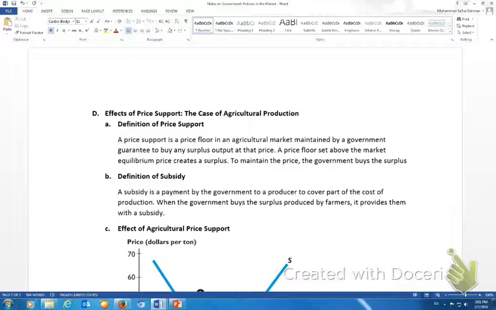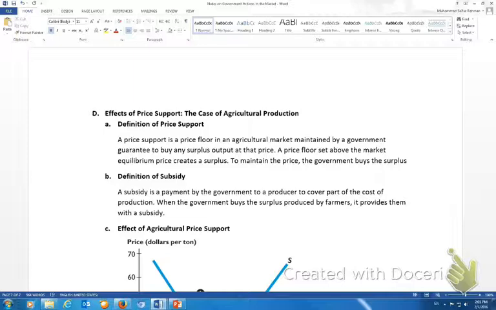The government usually backs that up by maintaining a price floor above the market equilibrium price, so that at this high price, if the producers are unable to sell all of their product, the government will buy back the surplus product they have. So basically, price support is a combination of a price floor control by the government, and it also includes the promise of the government to buy back the surplus production, which is similar to what we call a subsidy.